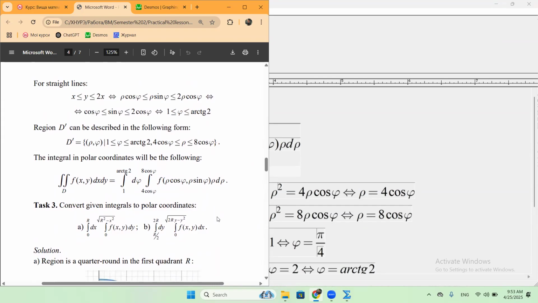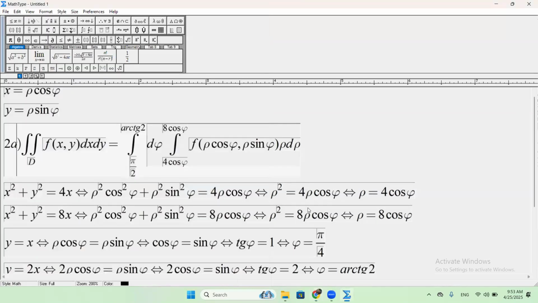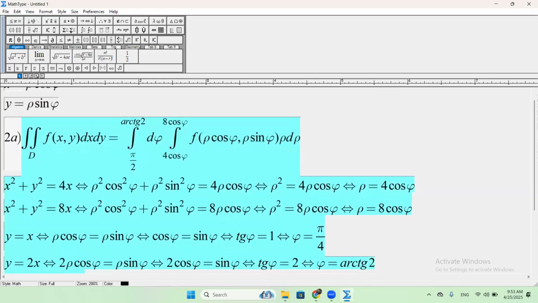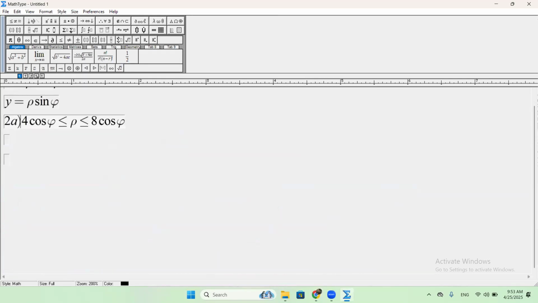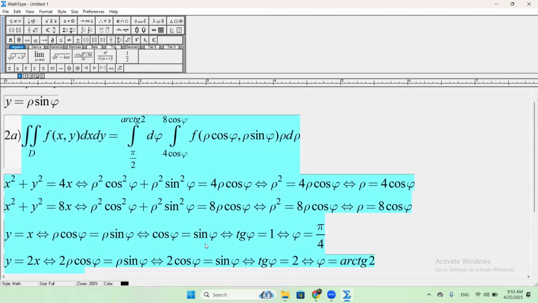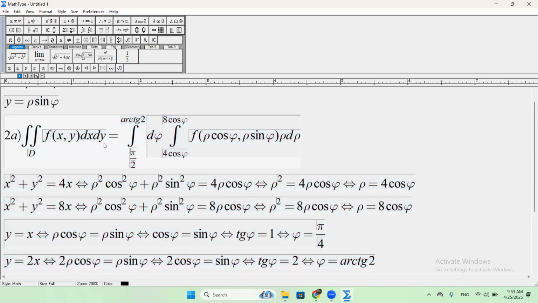So we have task 3. So what will we actually have to do? Again, we will have to move to polar coordinates.